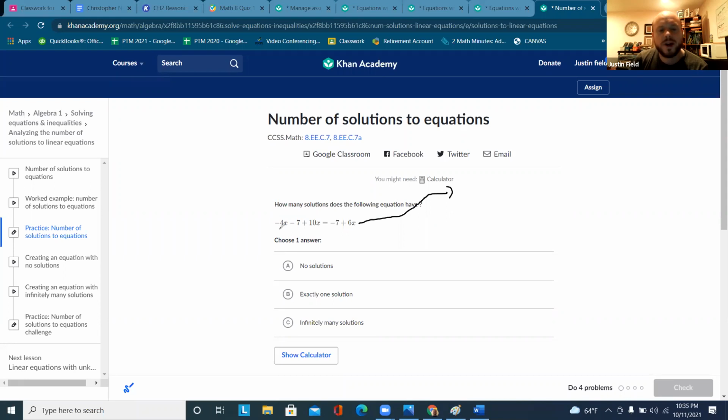So let's combine like terms here. See what we got. Negative 4x and 10x makes 6x. So this right side becomes 6x minus 7. And rewriting the left side here, negative 7 plus 6x.